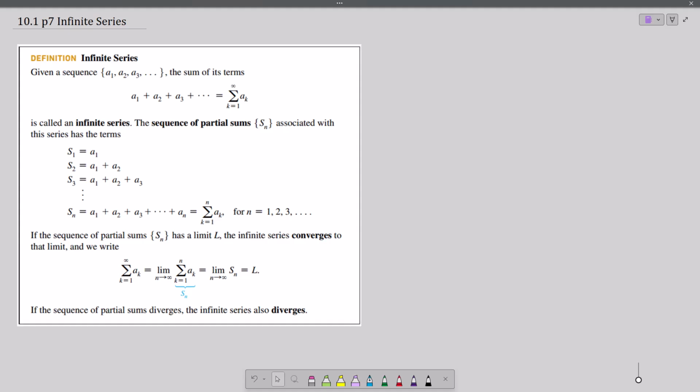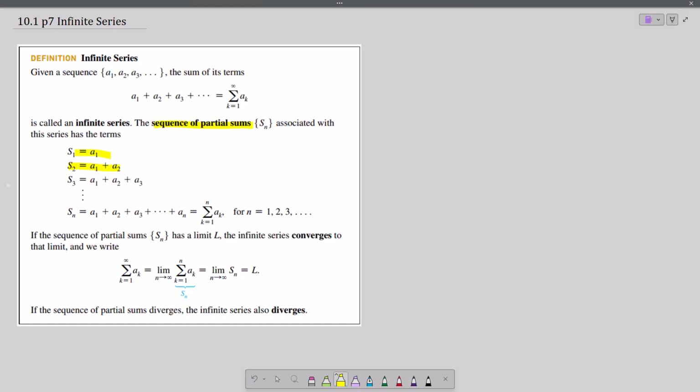Now, there is a secondary sequence that we need to talk about. The secondary sequence is called the sequence of partial sums. And it is what it says. It's a sequence, so infinite sequence, of partial sums. So we're going to bootstrap our way through this. S sub 1 is just the first term. S sub 2 is the sum of the first two terms.